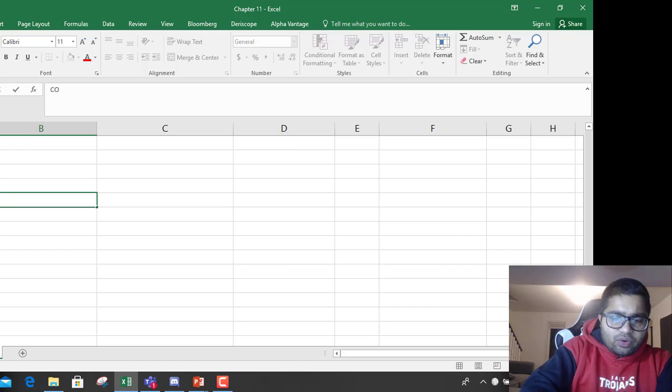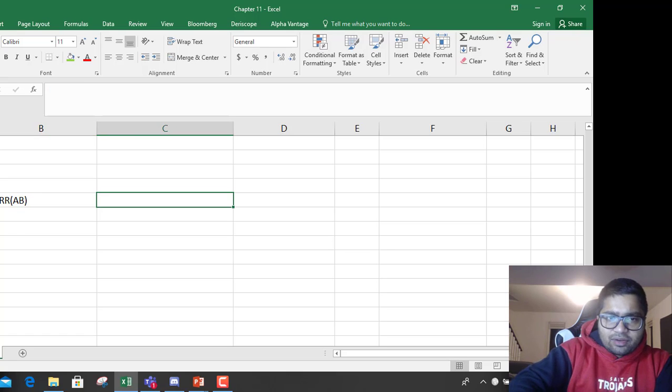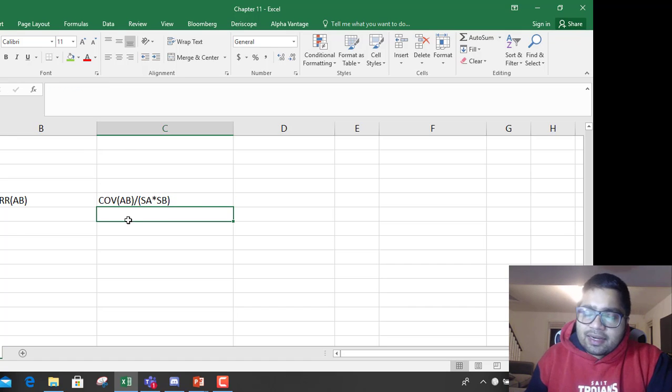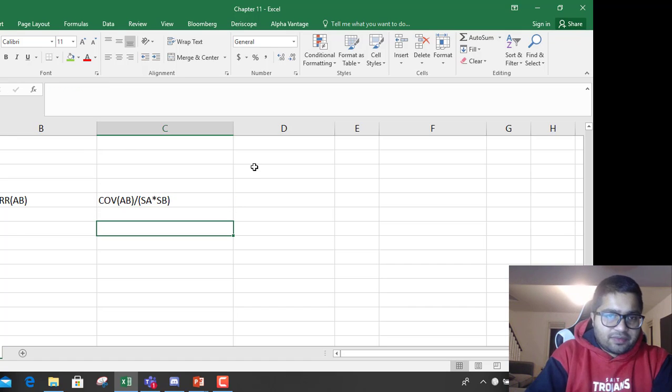Correlation between A and B is calculated as covariance between A and B divided by standard deviation A into standard deviation B.